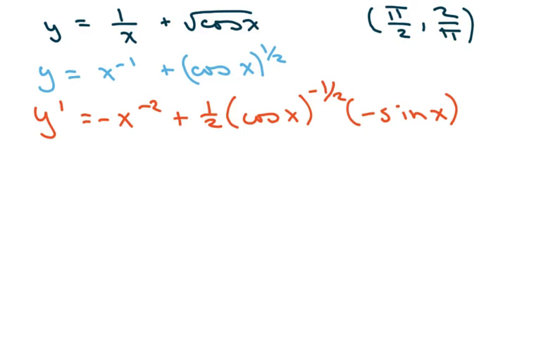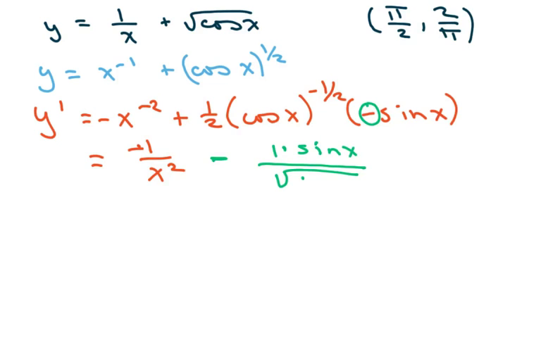So we're going to get negative 1 over x squared. And I'm going to go ahead and distribute this negative out front. So it's going to be minus 1 times sine of x over square root of cosine of x.